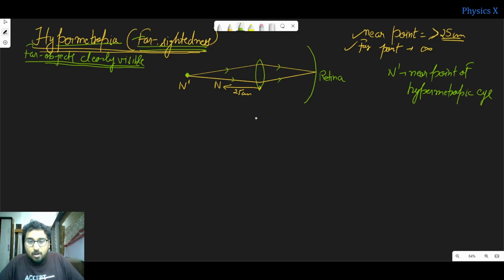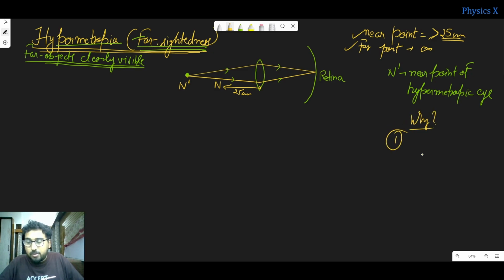So what happens now in this case? As the object is brought closer, there can be two reasons why hypermetropia occurs.